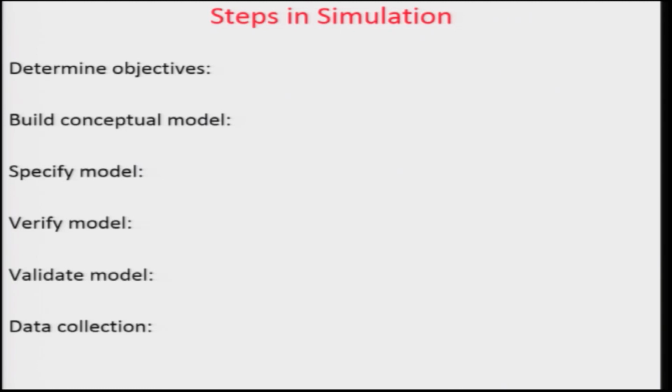So, as I said earlier, the steps in simulation are important because they suggest what the key issues pertaining to a simulation study are.